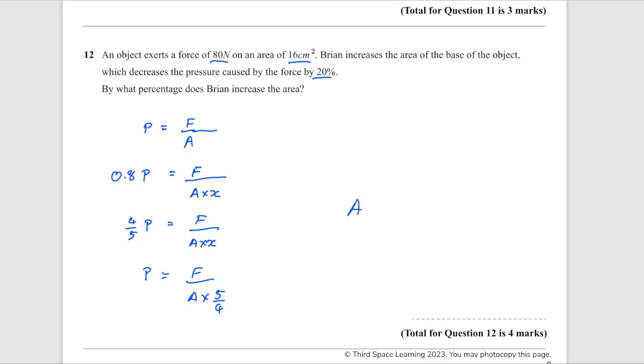So we need the area to have been multiplied by 5/4. So the area needs to be multiplied by 1.25, which means that we've got a 25% increase in the area. Yeah, that would work absolutely fine.